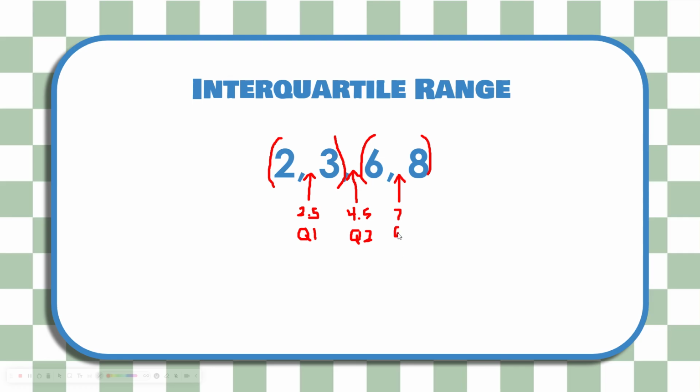So we got Q1, we got Q2, we got Q3. Now think about which numbers you would subtract to get the IQR. You would do Q3 minus Q1. So 7 minus 2.5, that would be 4.5 for the IQR.